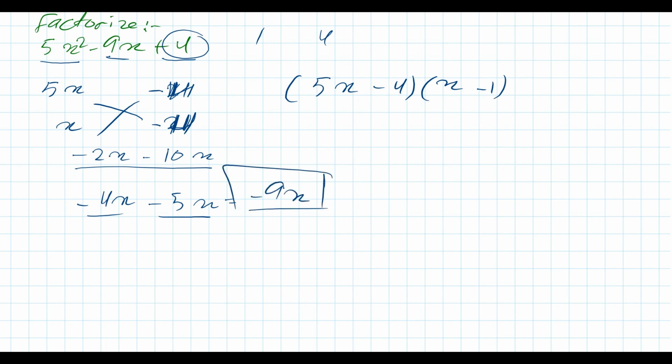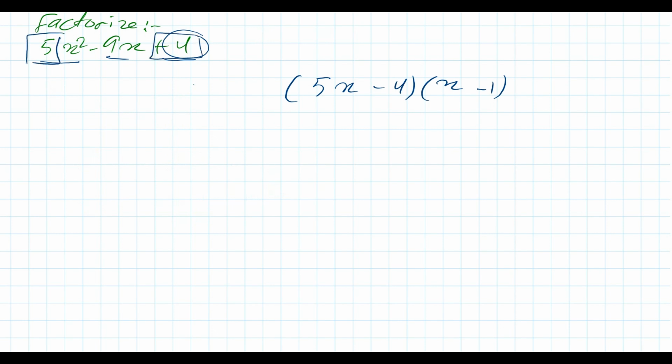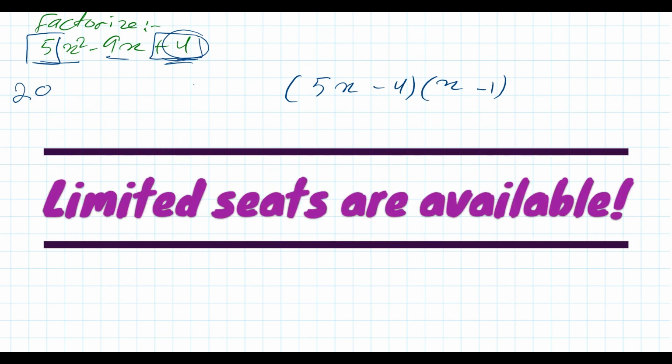This is one method. What about using regrouping to factorize this expression? I'll use the regrouping method. The coefficient of x squared times the constant value, 5 by 4, becomes 20. Then you need to find two values.